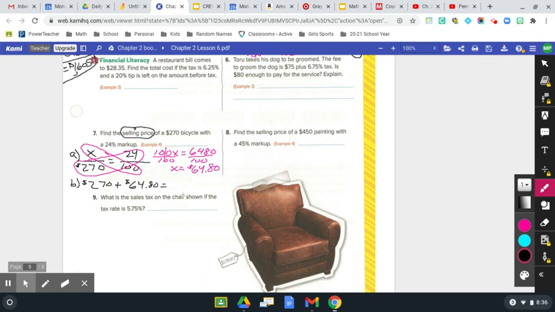Okay, so let's add it. When you add those together, Dunham's is going to put a sticker on that bike for $334.80. And each time they sell that bike, they're going to have made $64.80 in profit towards their store.